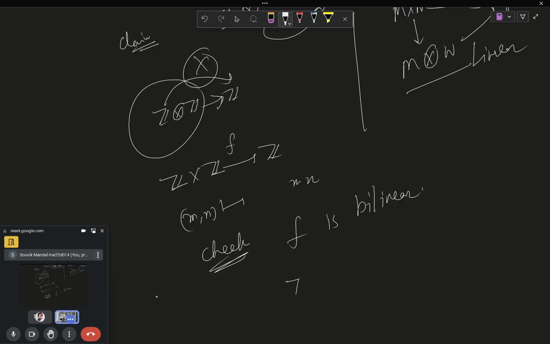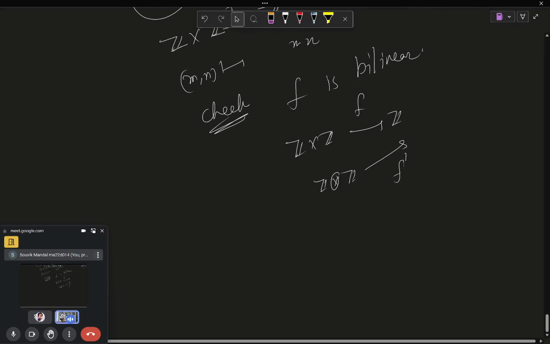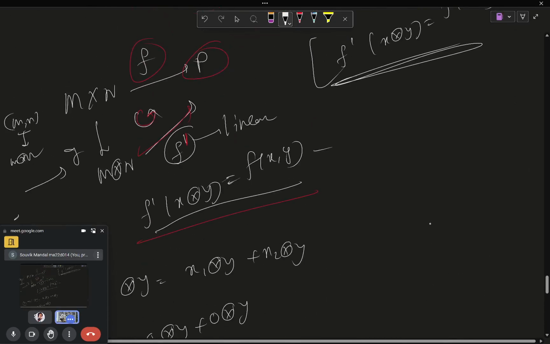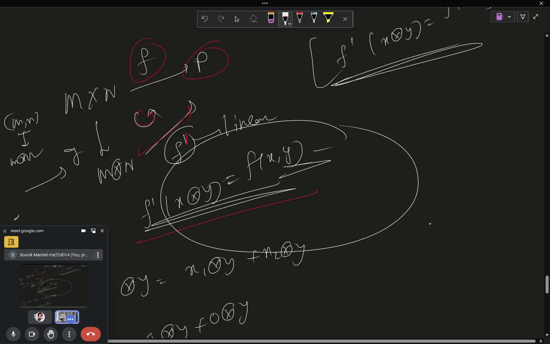So that means this map f induces a map Z tensor Z to Z, call it f dash. And what is this map? We have seen the same thing. This is the map f dash of x tensor y equals f of (x, y).